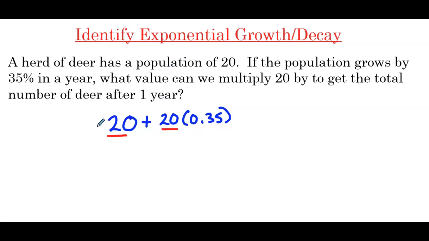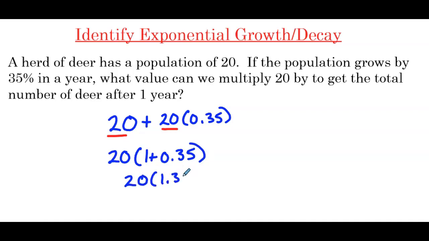So we can take out a greatest common factor of 20, and what would be left is 1 plus 0.35, which, combining the terms in the parentheses, is 20 times 1.35. So to answer the first question of what value can we multiply 20 by, we can multiply it by 1.35.